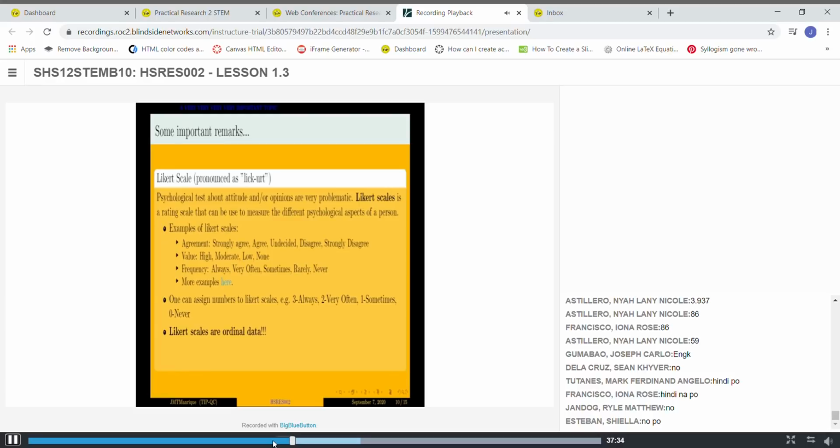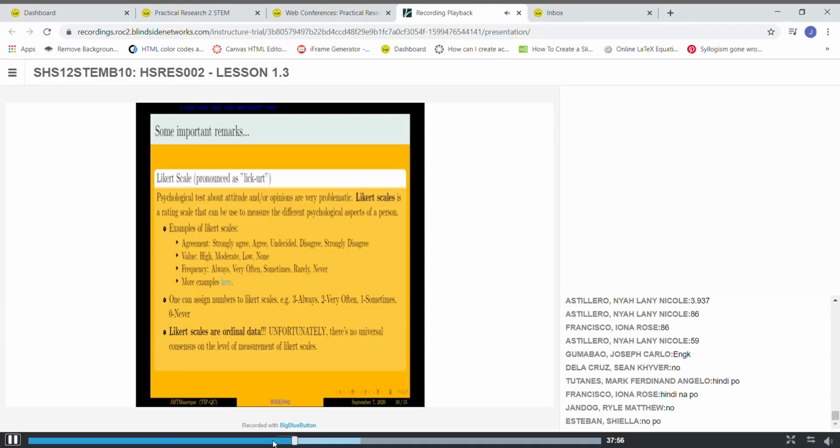As we all know, Likert scale is an ordinal data. Based on our discussion, kung babalikan mo yung definition ng ordinal data kanina, ang Likert scale is ordinal data. But unfortunately, there is no universal consensus about the level of measurement of Likert scale.